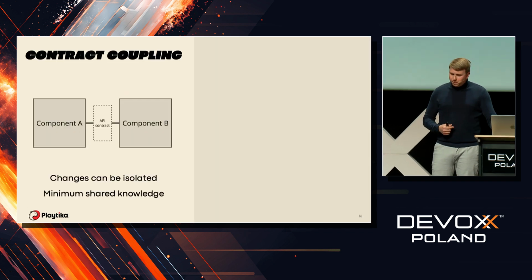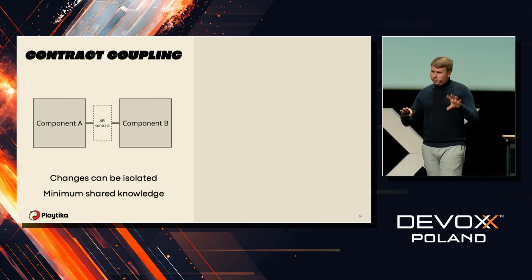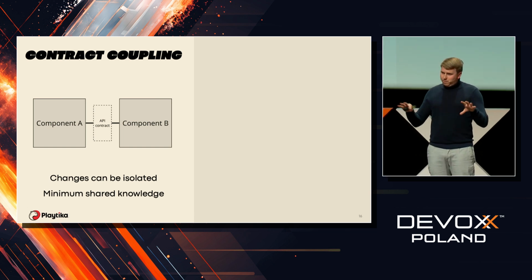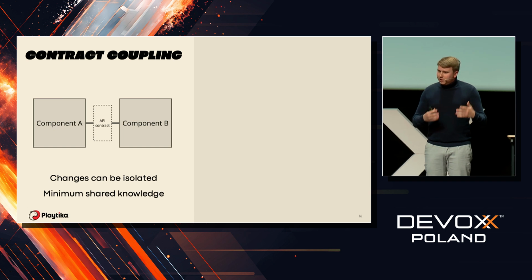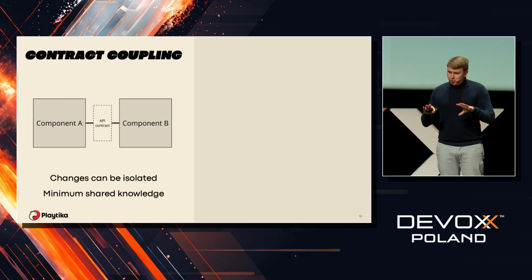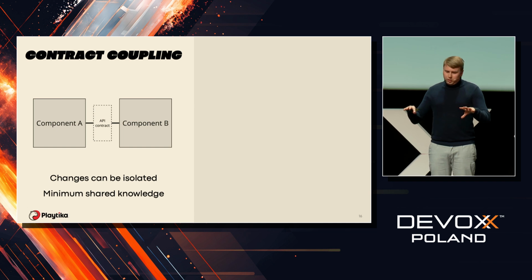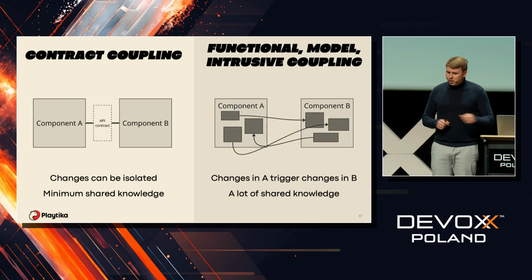If we have a tightly coupled system, it's much harder for multiple people to change those components at the same time. For example, let's talk about two components, A and B, communicating through a well-defined API contract. In this case, changes can be done in component A without touching component B and vice versa. Those components share minimum knowledge, so two independent teams can work on them in parallel and not interfere with each other.